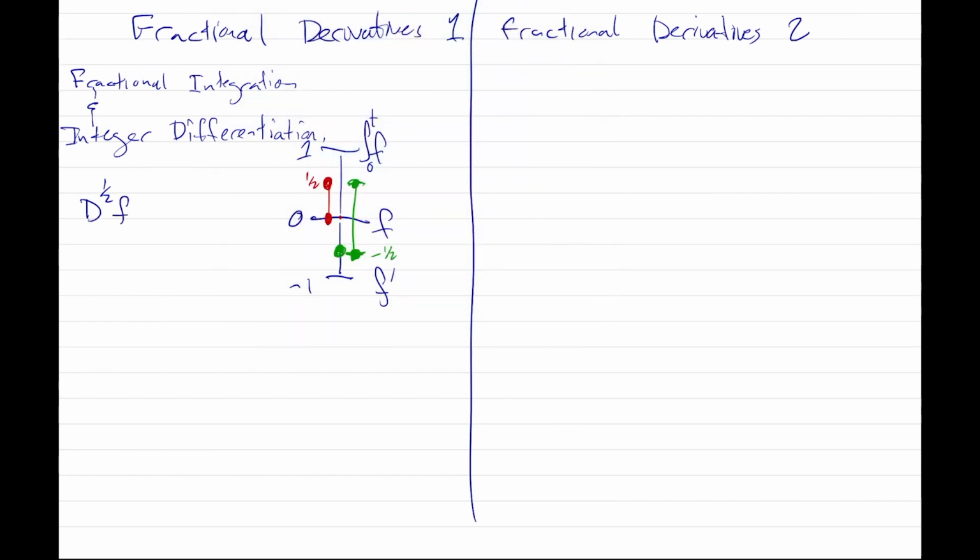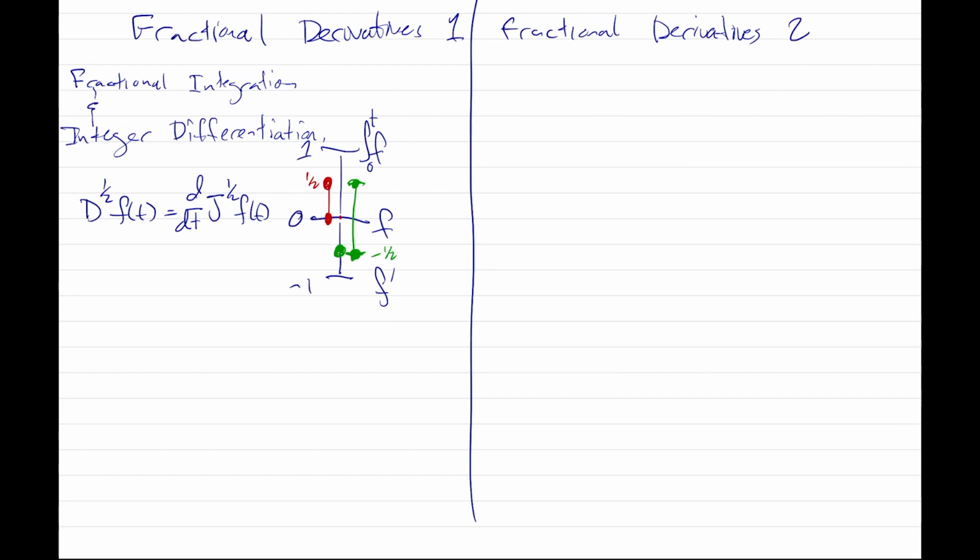So the 1/2 derivative of f is going to be d by dt hitting on top of a fractional integral of order 1/2 applied to f of t. This means that we're doing the fractional integral first, and then we're differentiating.